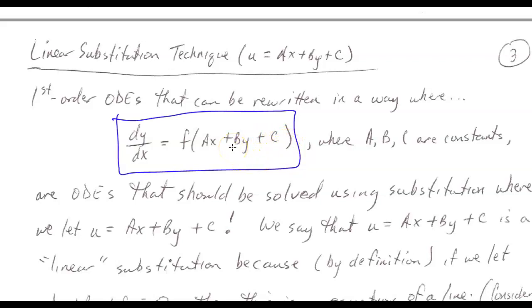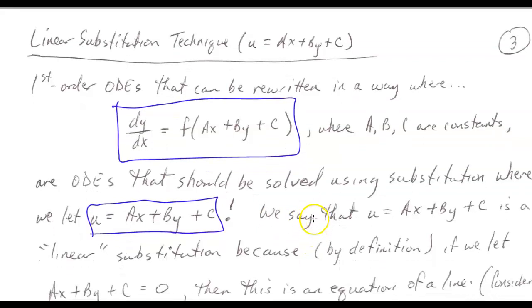So somehow, somewhere in the definition of the ODE, we'll see that we have some inside function that looks linear in this characteristic. And so whenever we see that, what our substitution will be is to let u be whatever that linear expression is, okay?